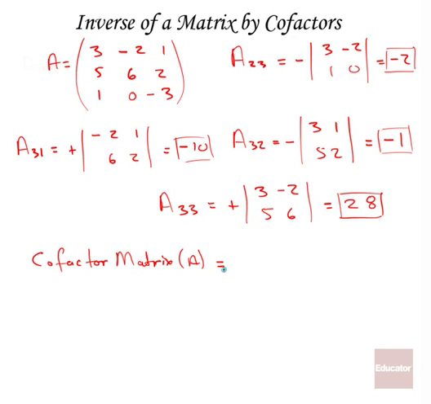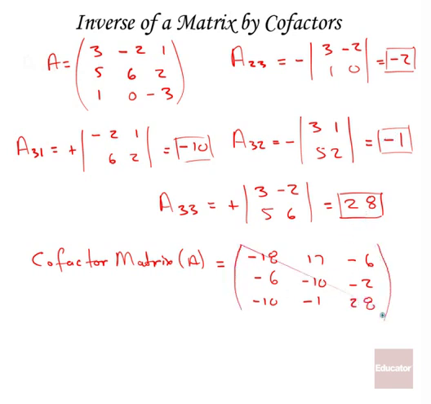We form the cofactor, then we take the transpose. So we put all of the numbers that we got in: negative 18, 17, negative 6, negative 6, negative 10, negative 2, negative 10, negative 1, the last one we did, and 28.